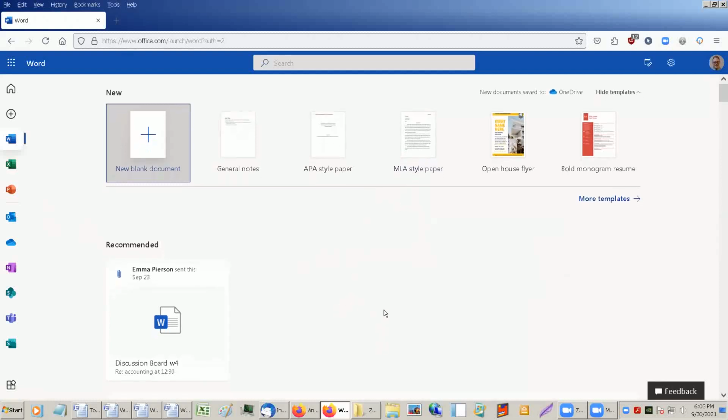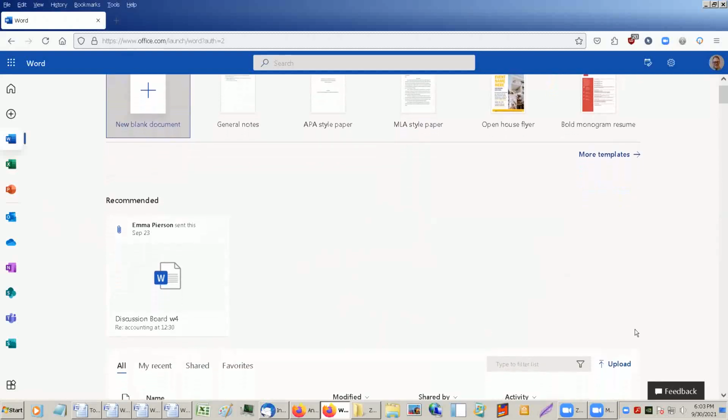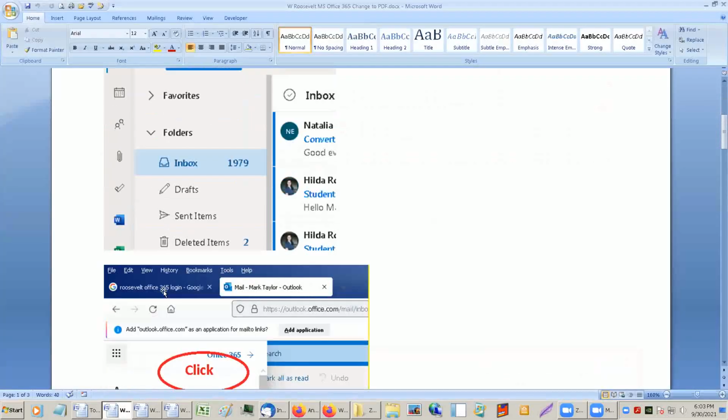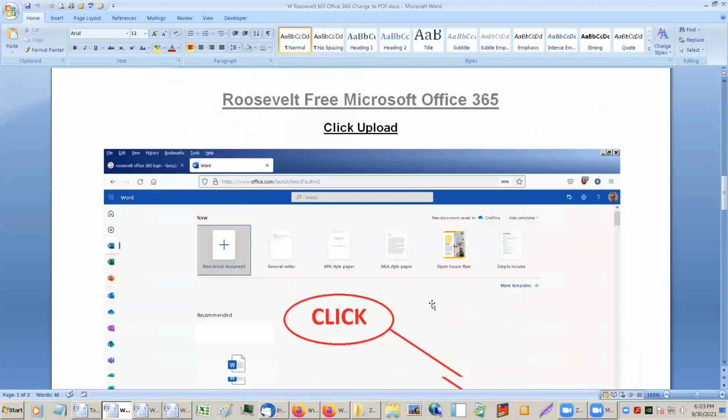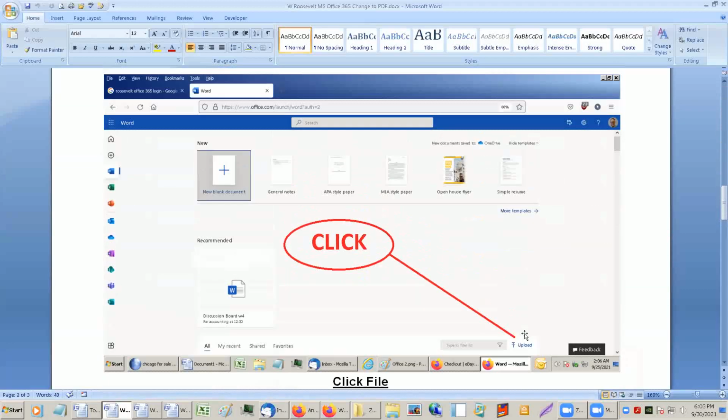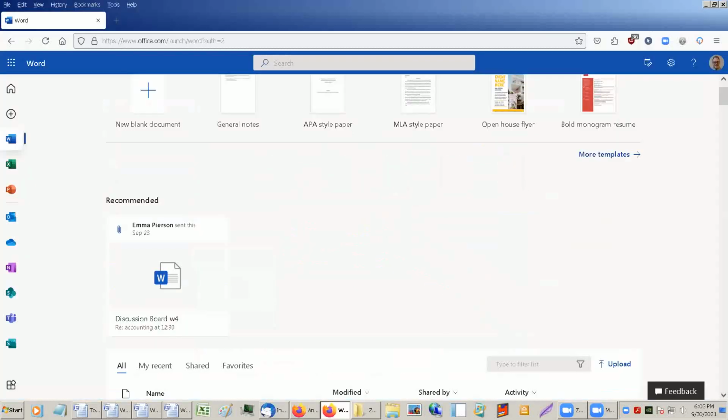And hidden down here near the bottom is this upload. And now this is kind of important. So the files that I send out, you first have to download them onto your computer.